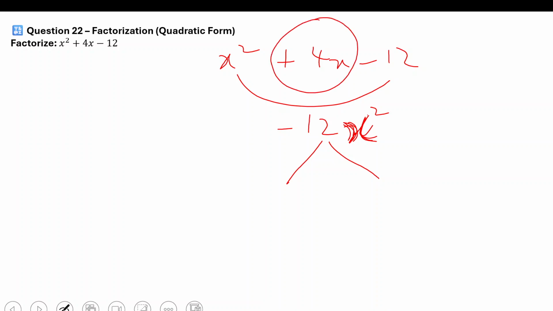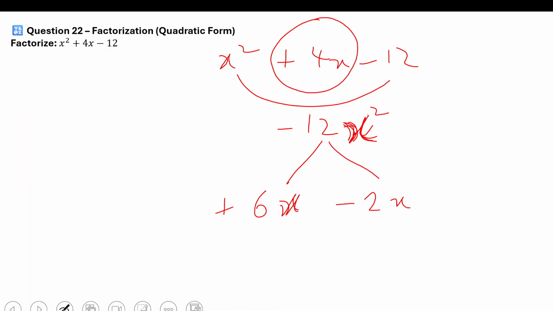So what do I do here? I will take plus 6x and minus 2x. You have to get used to how to split this. So plus 6x times minus 2x will give me minus 12x squared.